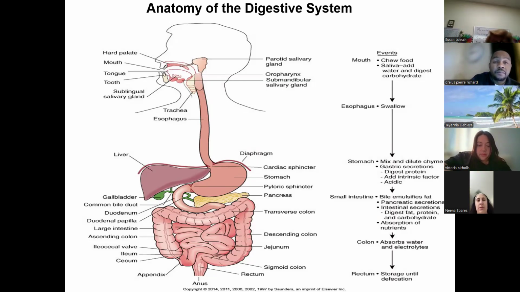You have gastric secretions, protein digestion, the intrinsic factor, acid. And then in the small intestines, you'll have bile that emulsifies the fat, and those pancreatic secretions we talked about that help break stuff down, like lipase. You have secretions there that will help digest the fat, the protein, and the carbs.